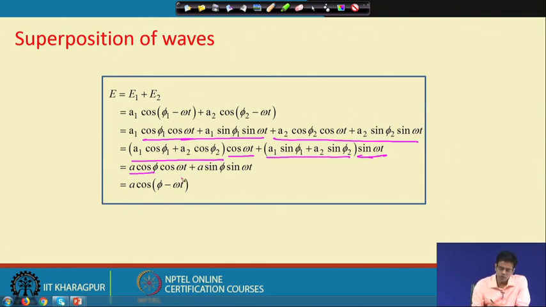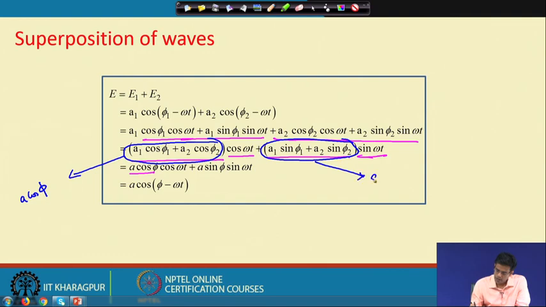So, what we assume is this quantity is essentially A cos phi, and this quantity is A sin phi.